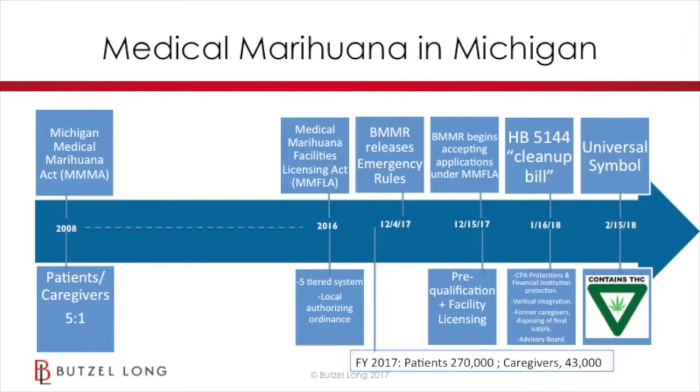That February 15th date's also been, some of you may have heard that date. That was a date under Emergency Rule 19. That a location that was given local approval already, authorized by their municipality, if they have their state application in by February 15th, they can continue operating until they get their state approval.